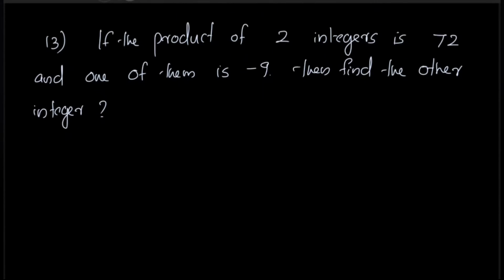As in the above case, here the only difference is multiplication. That is, 72 is equal to the unknown number x into negative 9. For getting the unknown number, keep the x as itself and take the negative 9 to this side. Here the multiplication symbol is just before negative 9. So taking negative 9 to this side, it will become division. So 72 divided by negative 9.